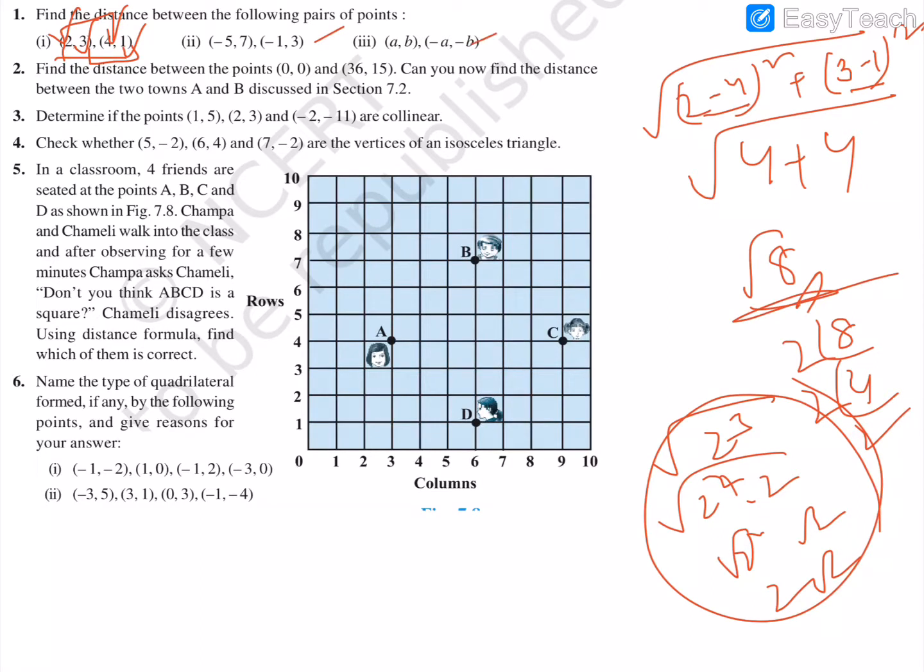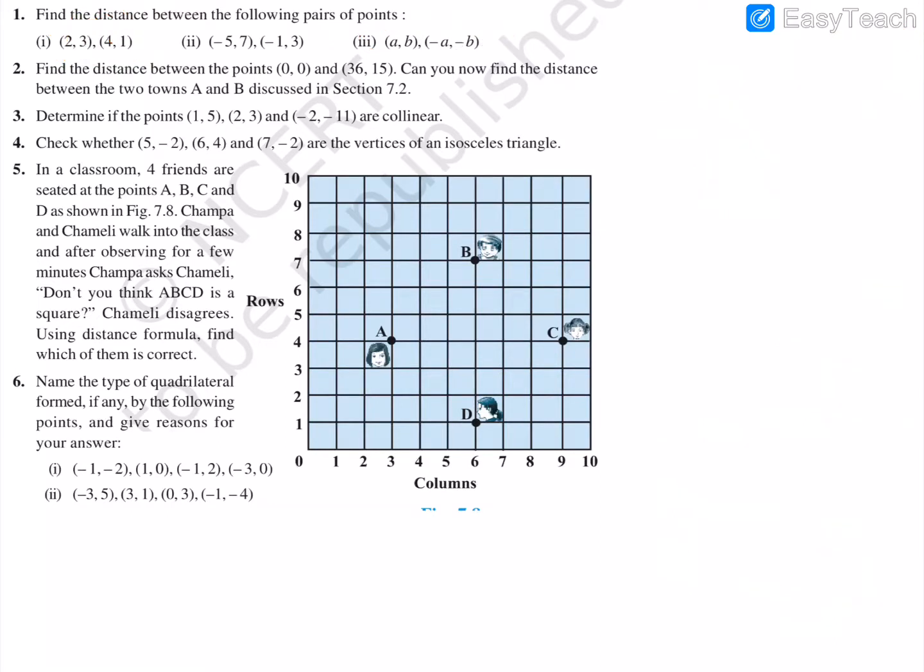Similarly you can find these 2 also. Here in the third case, instead of values they have given us A, B and B, C. Here also, whatever they have given, we apply our known formula. In place of x1 we have A, in place of x2 minus A, that becomes (A plus A) whole square, plus in place of y1 they have given B, and in place of y2 they have given minus B. Minus of minus becomes plus, (B plus B) whole square.